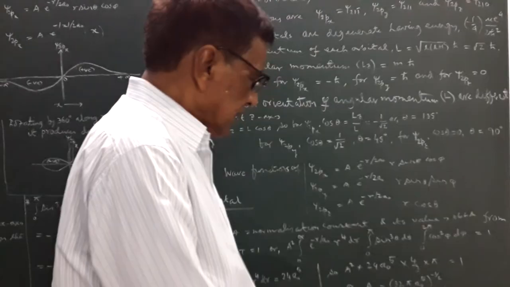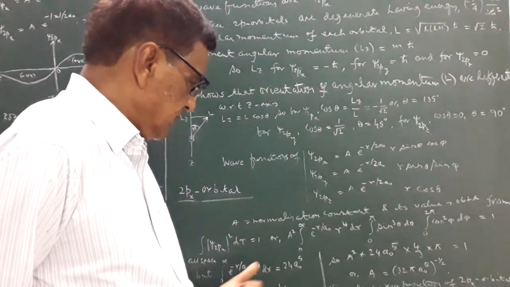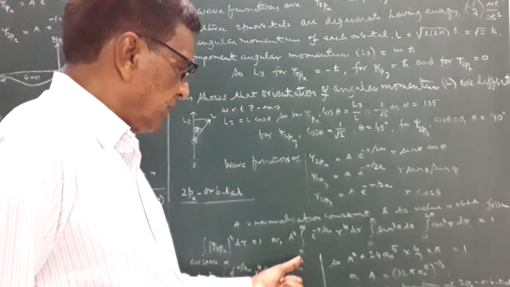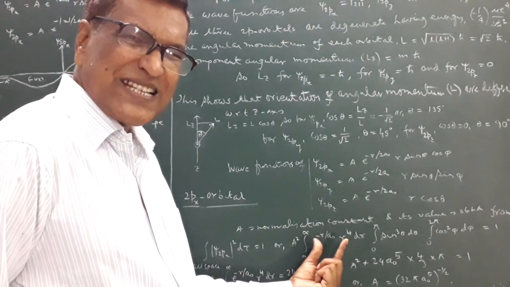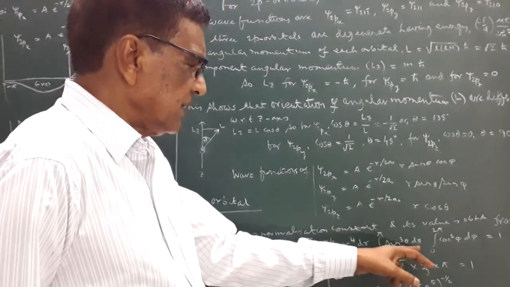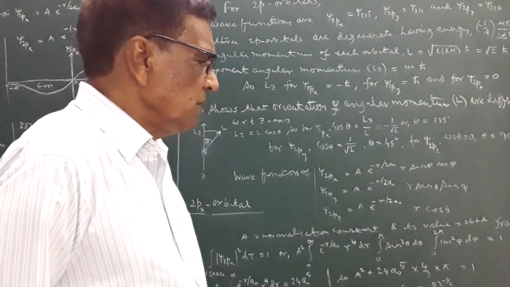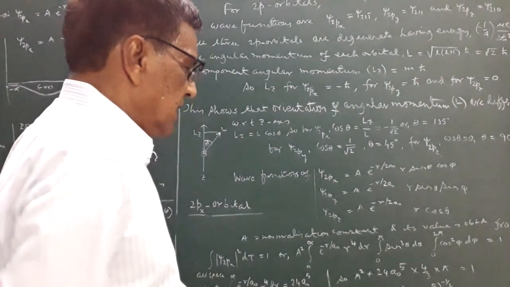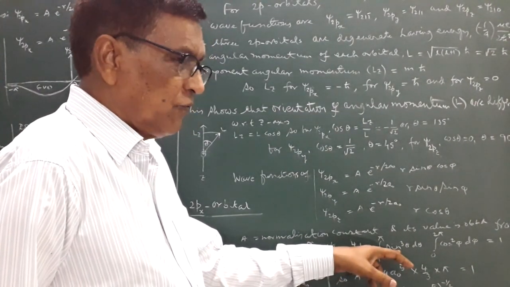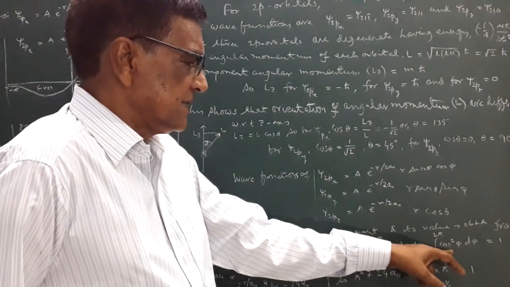The first integration is 24 a naught to the power 5, and could be done very easily by using the gamma function. The second one is a little bit complicated, but its value I shall show later on. This one is 4 upon 3, and this is pi.